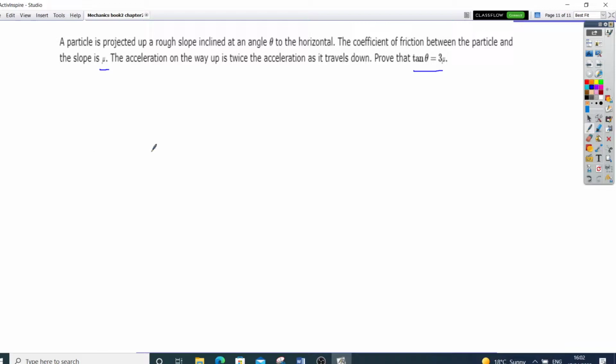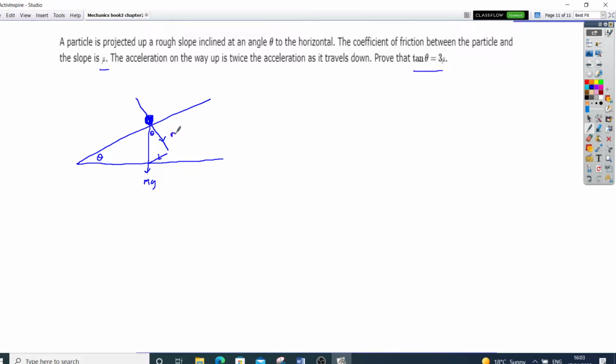Okay, so first of all, let's draw a diagram. Here's the horizontal, and the particle is projected up. The weight's bearing down. We don't know the weight, we just call it mg. This is perpendicular to our slope, so we're calling the angle theta.